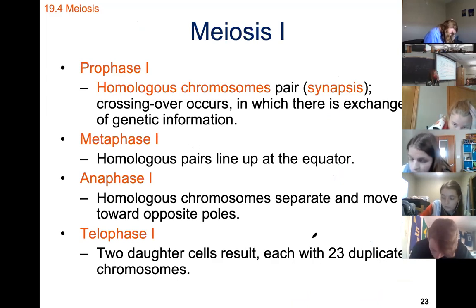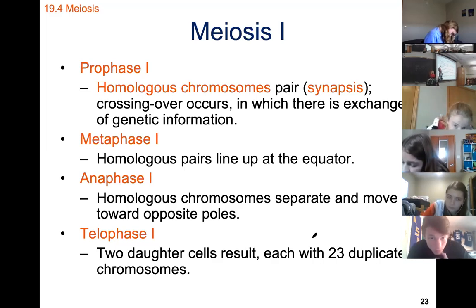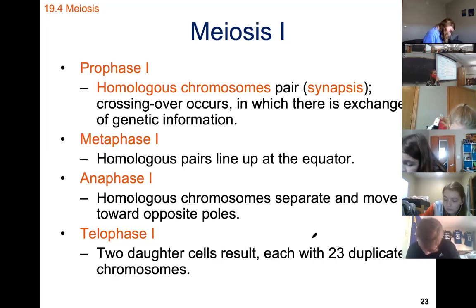Those homologous pairs, crossing over occurs here, in which there's an exchange of genetic information. We'll talk about what crossing over is. There's some mixture of genetic information so that we can have genetically different daughter cells, per se. We have metaphase, which is where they line up at the equator.